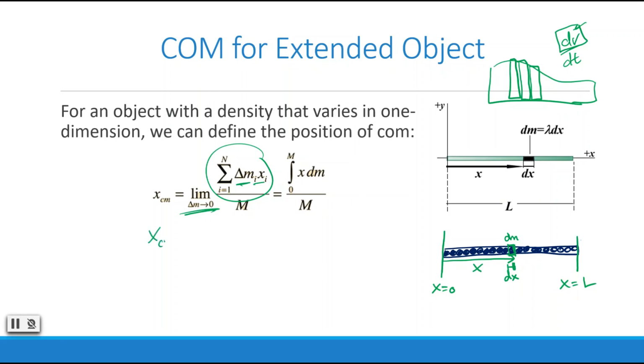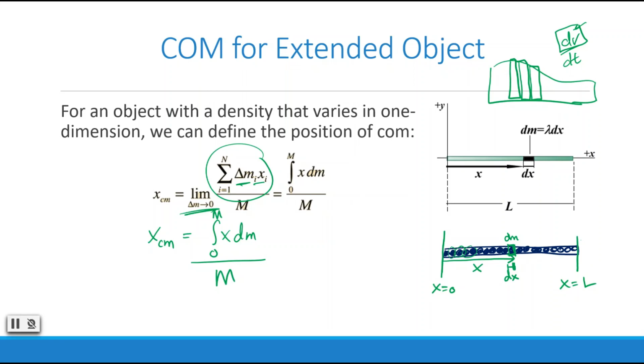So we can define the position of our center of mass as the integral from 0 to the total mass M of x dm, over the total mass M. But that's kind of difficult to do because in order to do that, I'd have to know what all of those little masses are. And we don't know that, but we do know where they're located. So what we do is we do a change of variables to get this equation into something that we can actually use. And we use density for this.